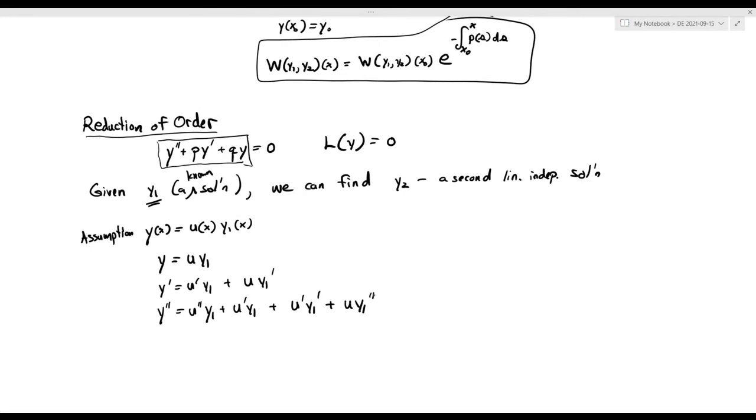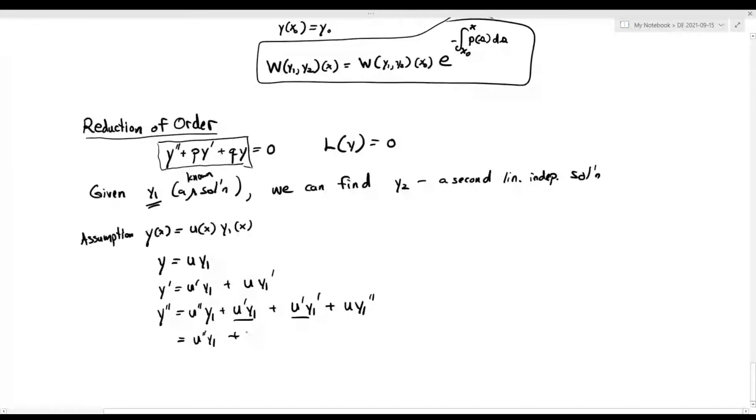So we have y prime and y double prime. Maybe I can rewrite this a bit. These two terms are alike.